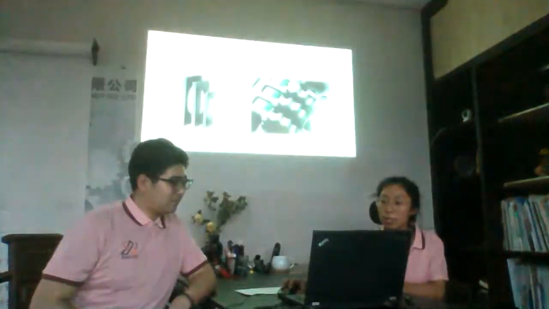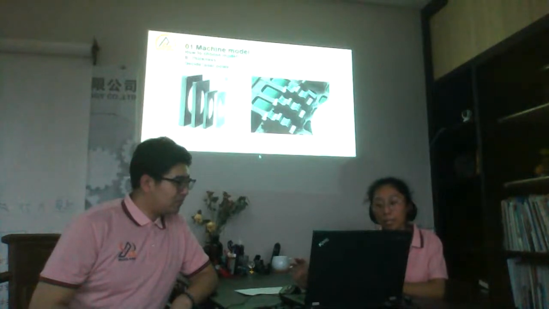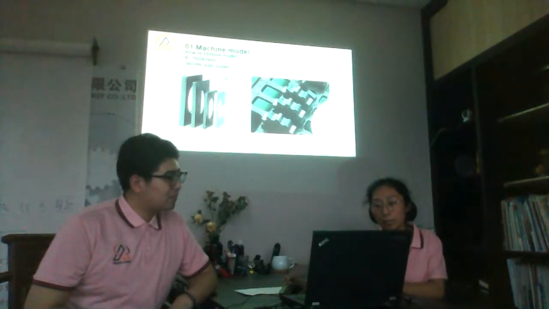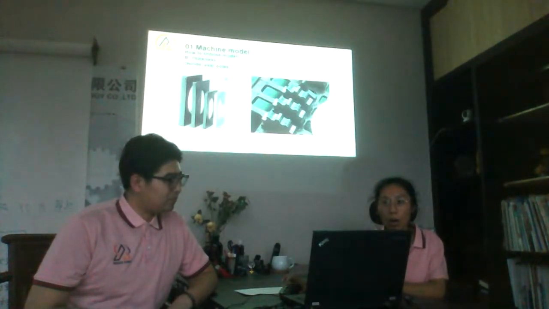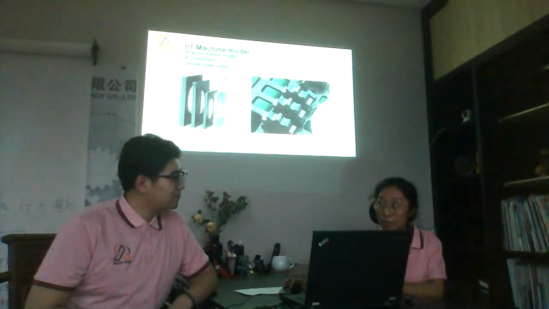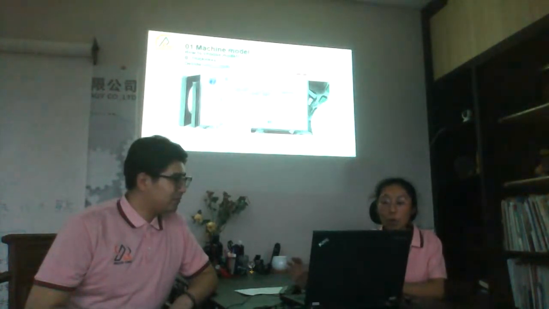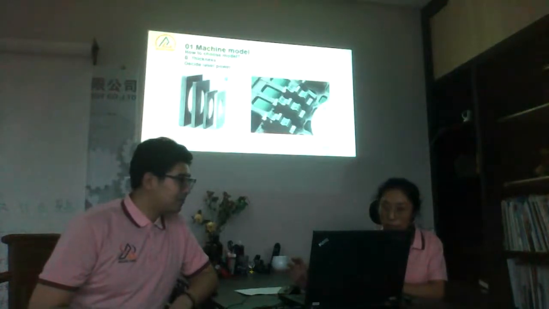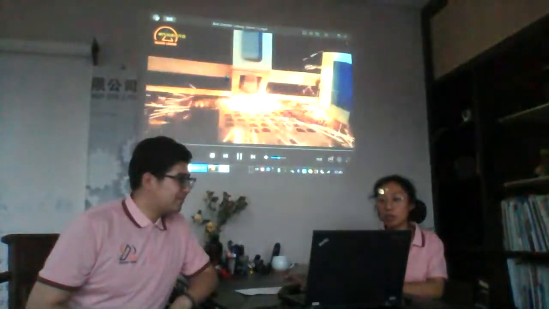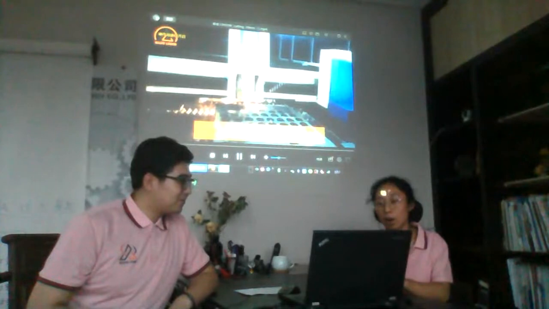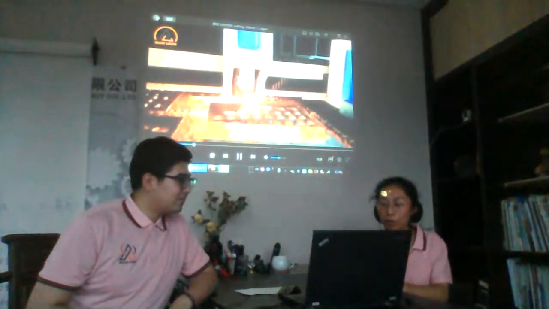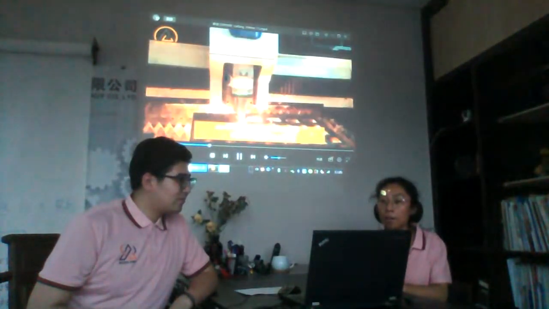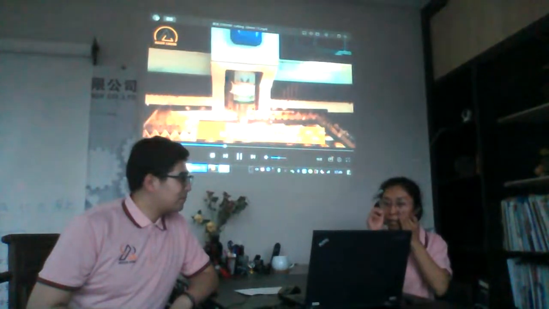Next we can see the laser cutting machine cut carbon steel, and it is also the 10 kilowatt cutting the carbon steel, and the workpiece is 30 millimeter.